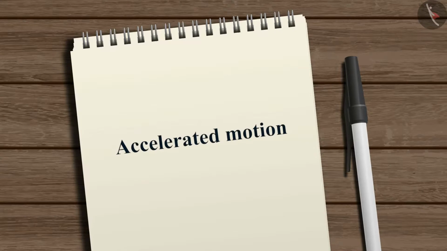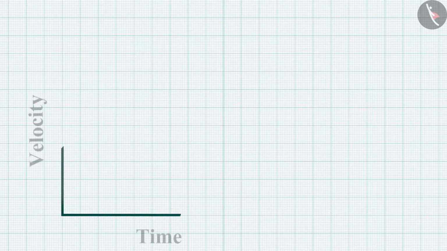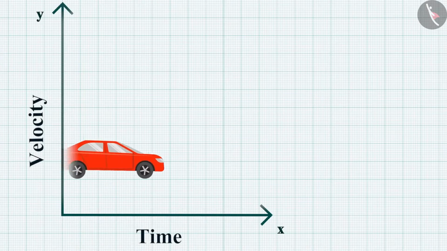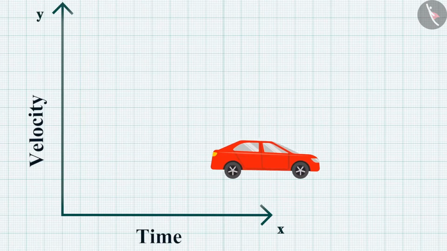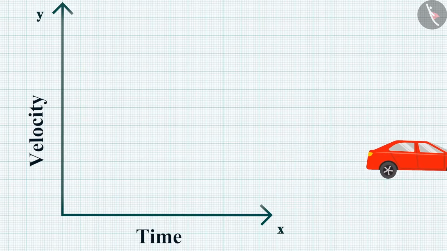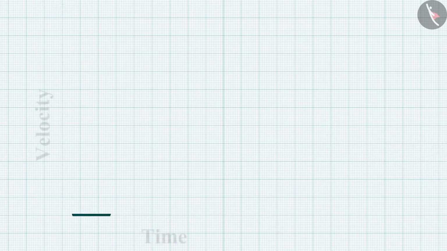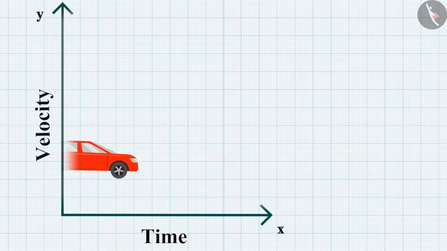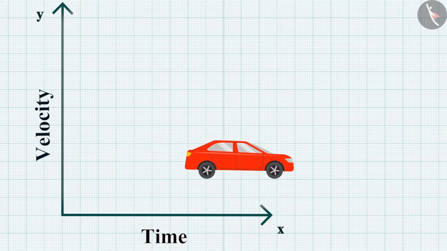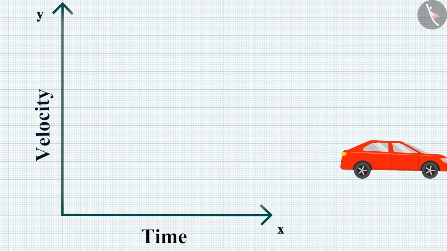Now, let us consider the accelerated motion. Let's first discuss the effect of uniform acceleration on the velocity time graph. In uniform accelerated motion, velocity changes by equal amounts in equal time intervals.